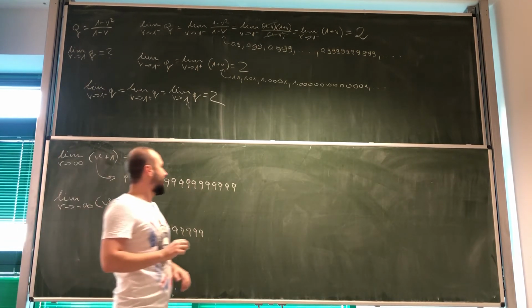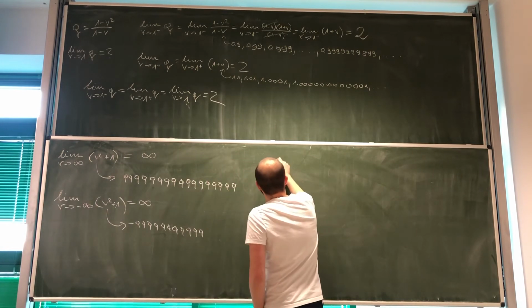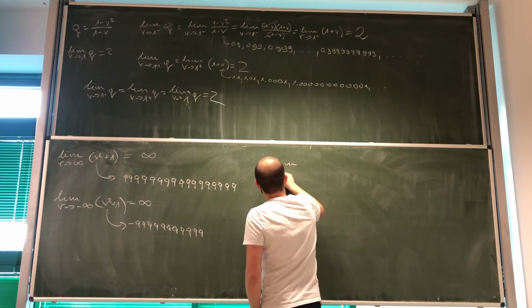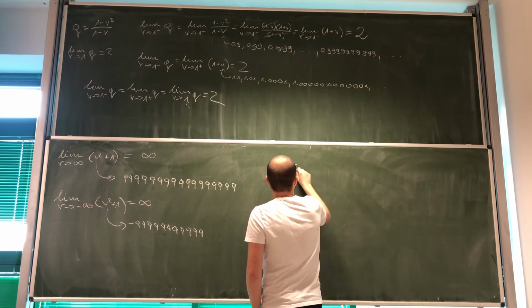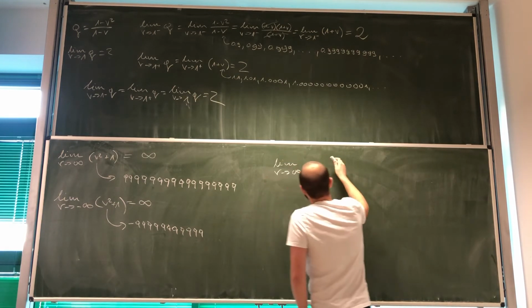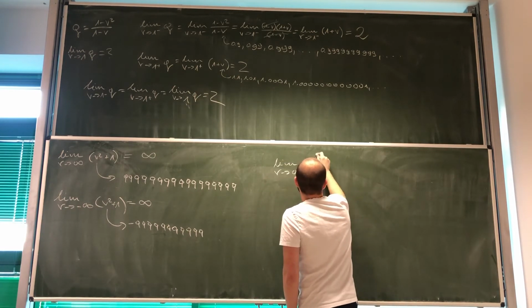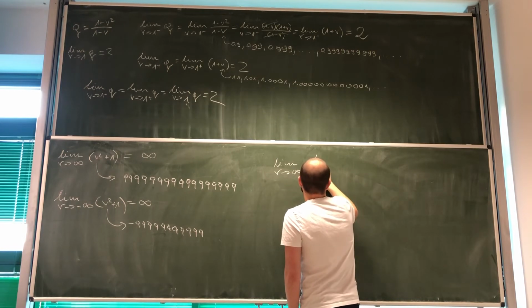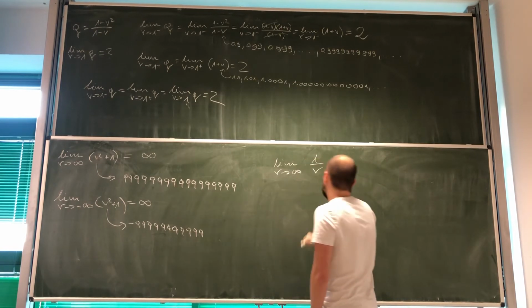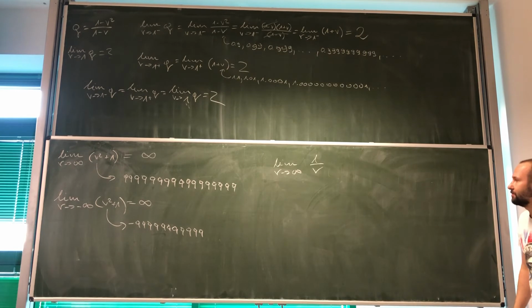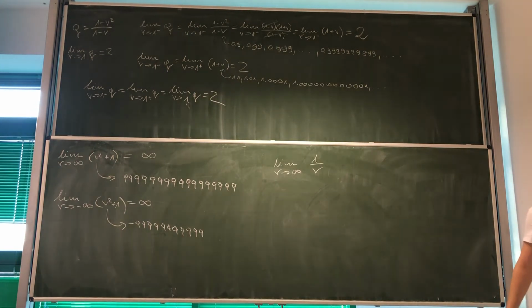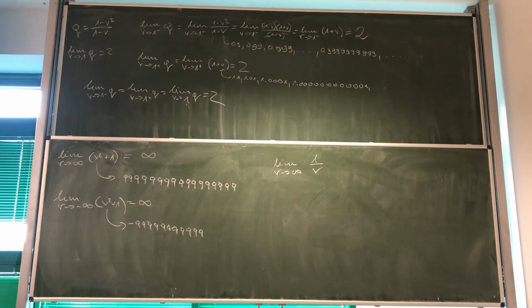Okay, and how about if we get to calculate limit with v approaching infinity out of 1 over v. Let's start with something very simple. Okay, so what do we see over here?